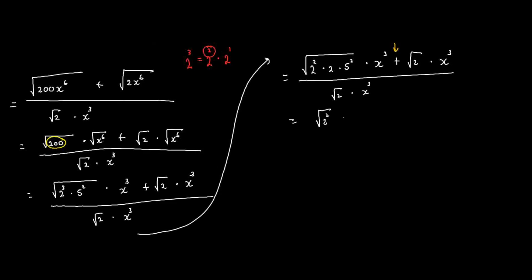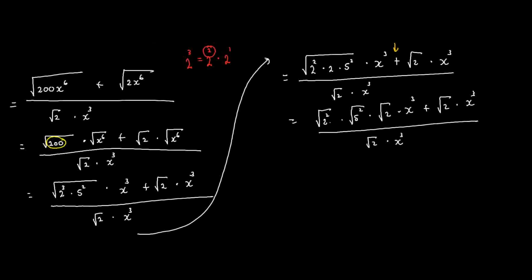Again, I'm going to work on this step by step, so you can see I'm not going to skip any steps. The square root of 2 squared times, let's start off with the 5, the square root of 5 squared times the square root of 2 times x cubed plus the square root of 2 times x cubed all over the denominator of the square root of 2 times x cubed.